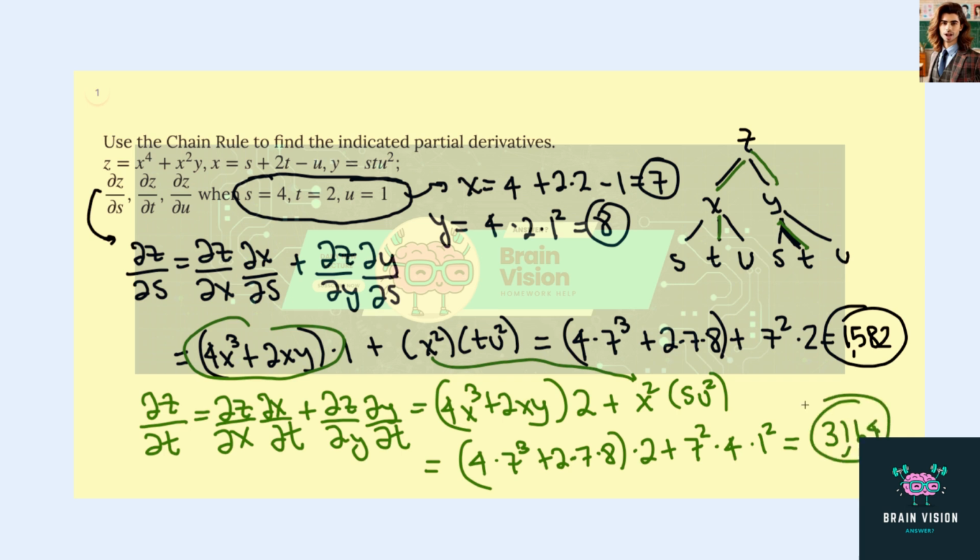And then finally, we'll go to the next page and compute the last derivative, going from z to u. So you can go from z to x, and then x to u, or z to y, and then y to u.